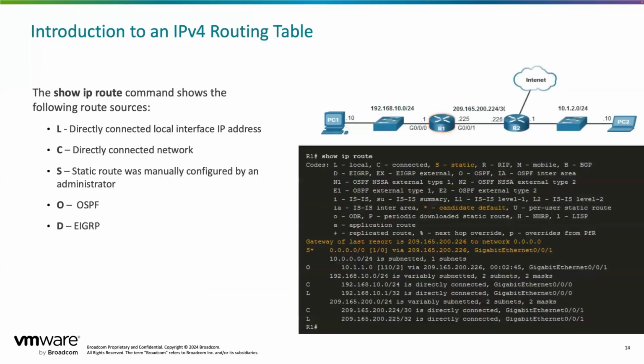And here's a real routing table. You can see this routing table by typing show ip route on Cisco routers. There are some symbols to represent different types of routes.